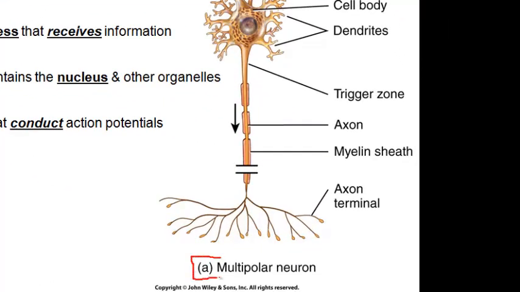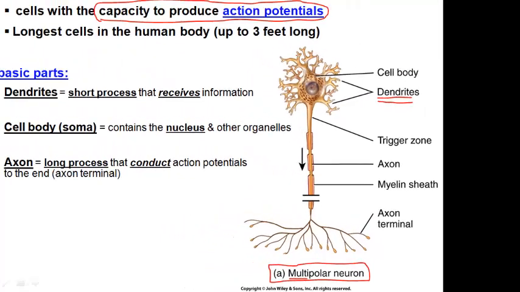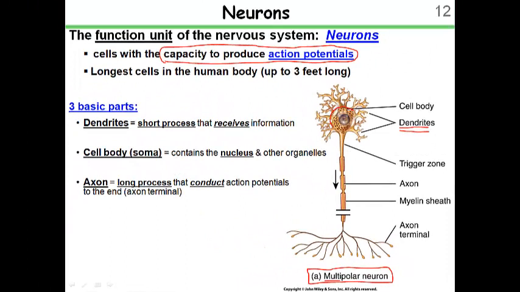It's called a multipolar neuron. We'll talk more about what that means, but multipolar means there are many processes sticking off of the cell body. These processes are known as dendrites. These are smaller little projections off of the cell body, which I've circled. The cell body contains the nucleus.